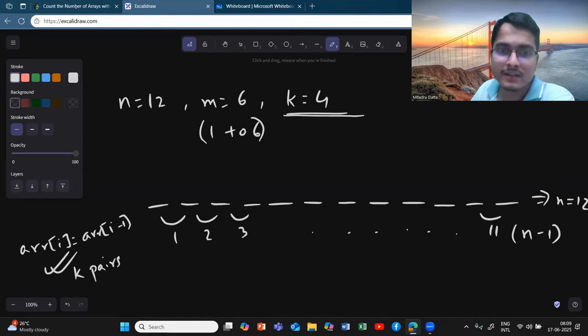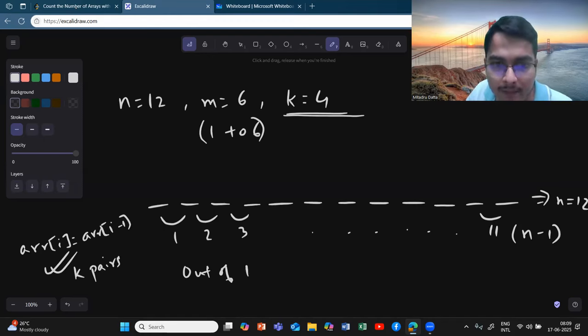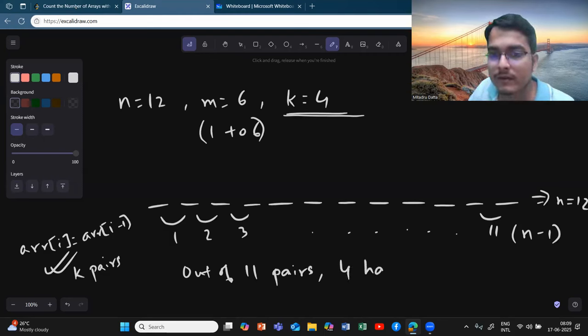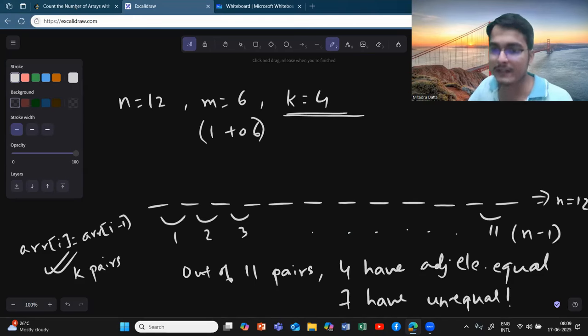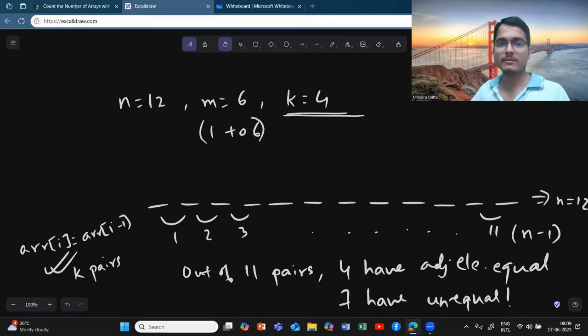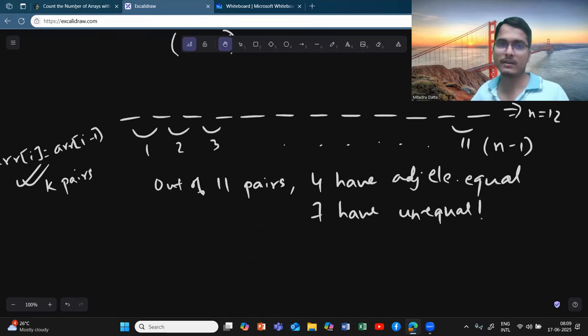So I can say that out of 11 pairs, 4 have adjacent elements equal, and 7 have unequal. Okay, 7 have unequal definitely. You must take care that 7 of them must have unequal.